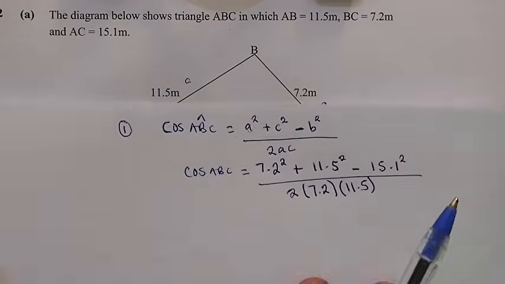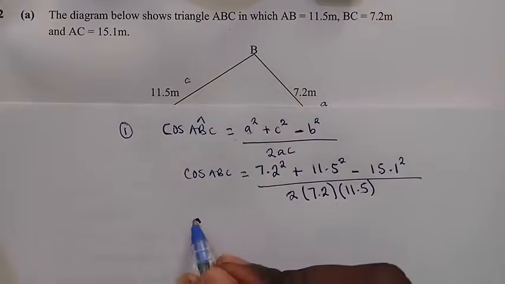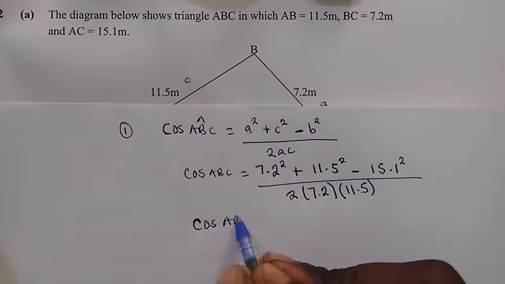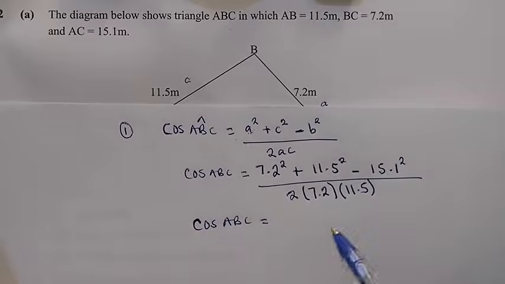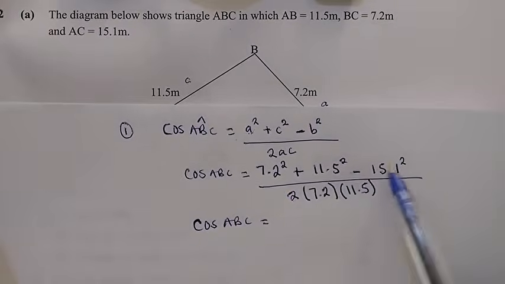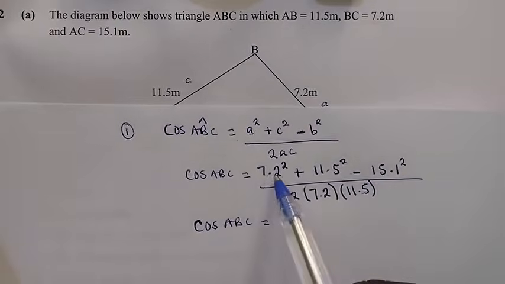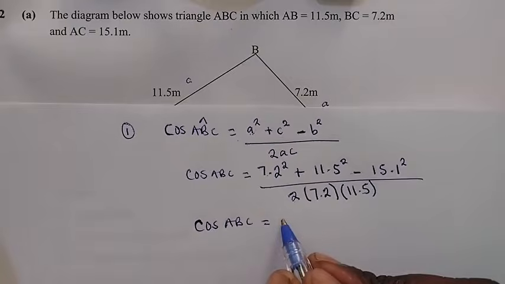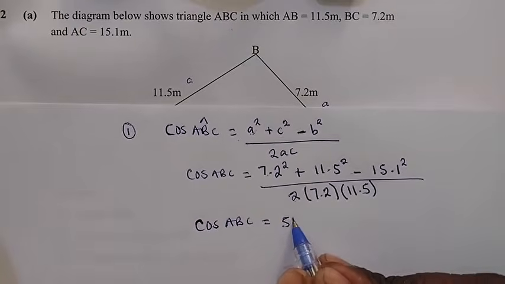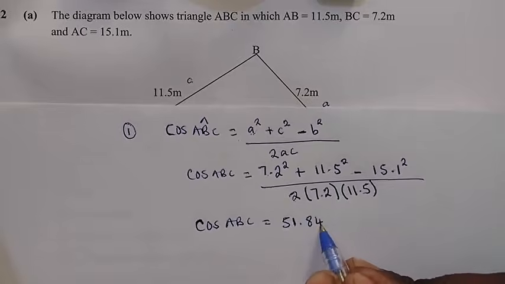From here, you write cos ABC is equal to. When you punch the numerator on the calculator, 7.2 squared gives us 51.84.